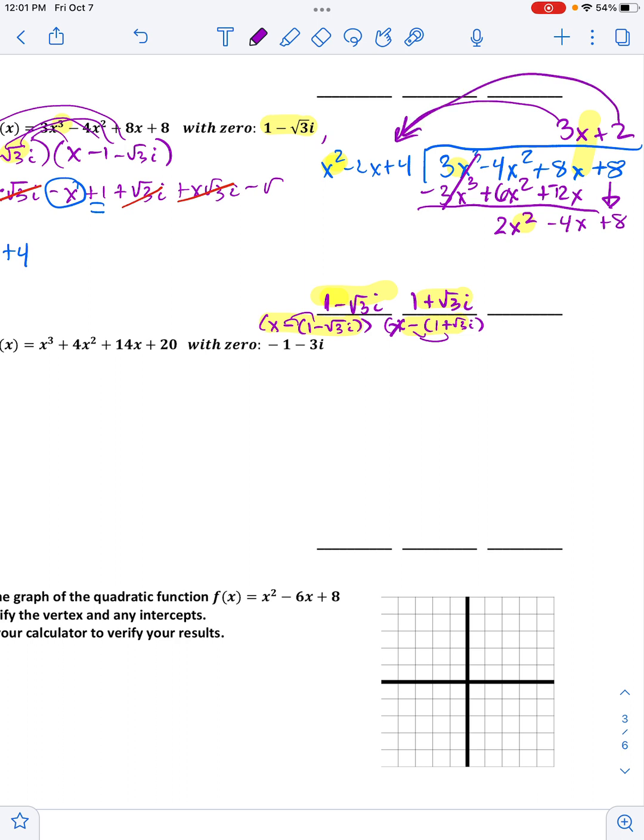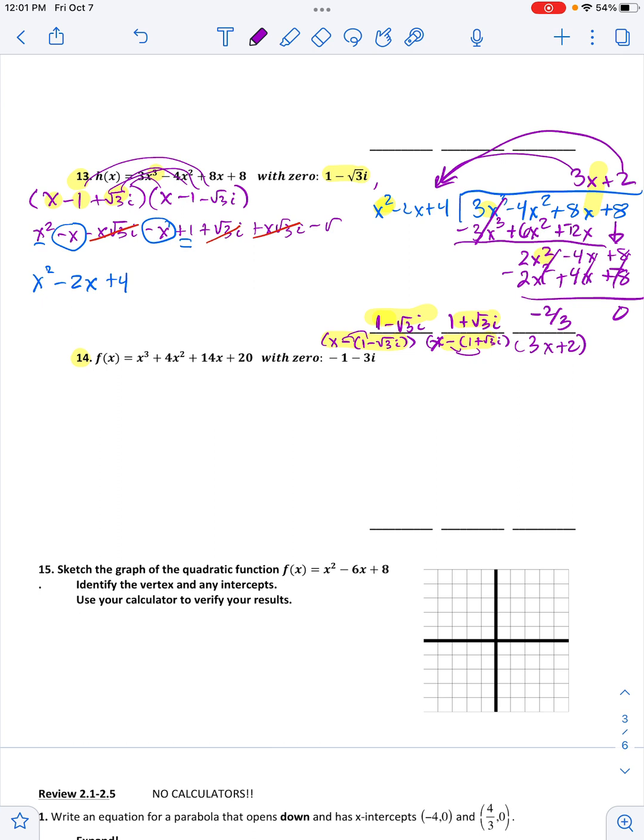So multiplying 2 by everything over there, I get 2x squared minus 4x plus 8. And when I go through to subtract, everything cancels, which I expected because I knew that was supposed to go in evenly. But what that just did is it found me my last remaining factor, which allows me to find my last remaining zero. So the answers are the same, whether I use this long division method or I use a synthetic division using the complex zeros.